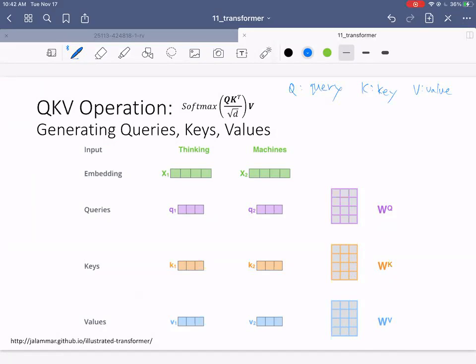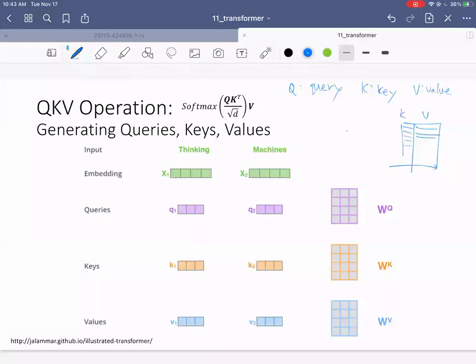If you're familiar with databases, when you have a database or a lookup table, you look up the contents by sending a query to the database. There are keys, and there are corresponding values.